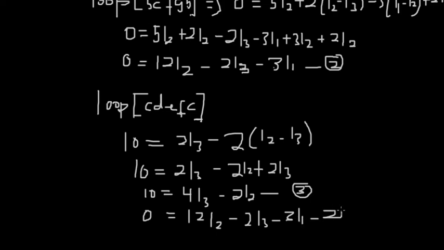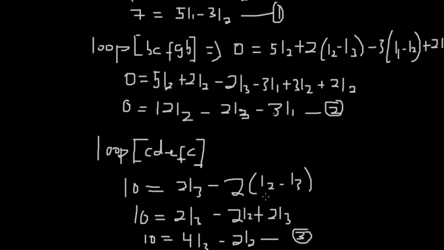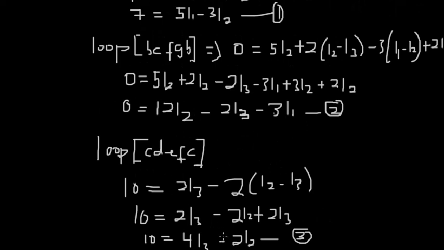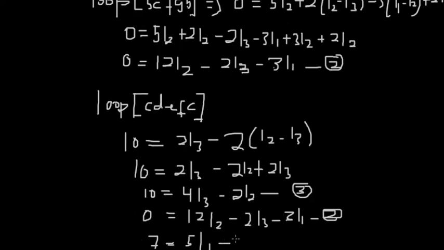And our equation 1 is 7 equals 5I1 minus 3I2.